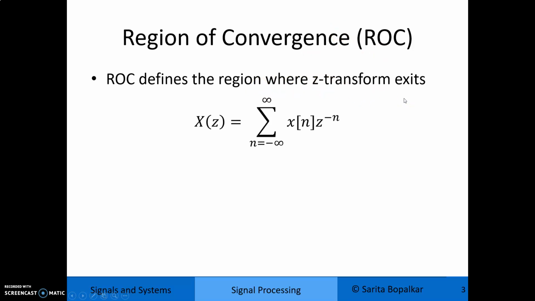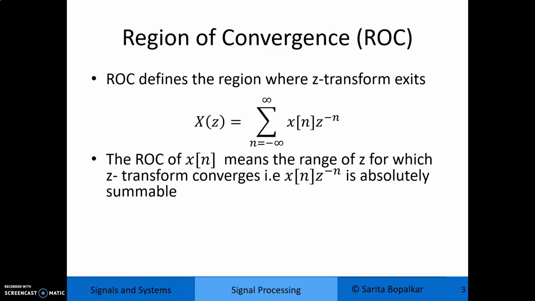This is the definition of Z transform: X(z) equals the sum of n varies from minus infinity to plus infinity of x(n) z raised to minus n. Z transform exists means this X(z) should have some finite value. It should be less than infinity. We should get some finite value of X(z).